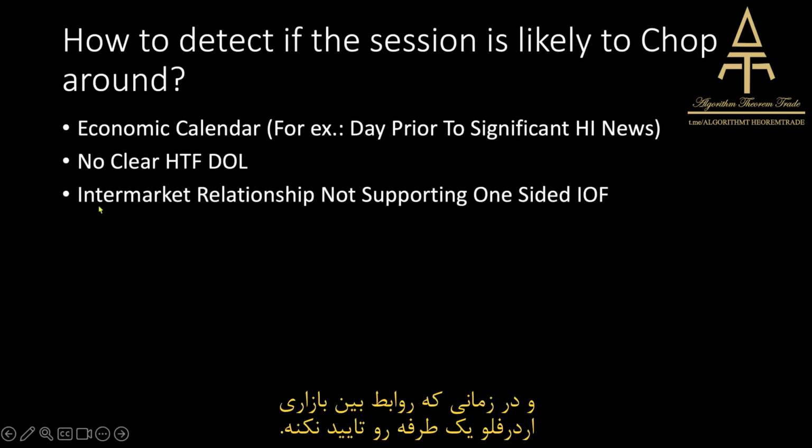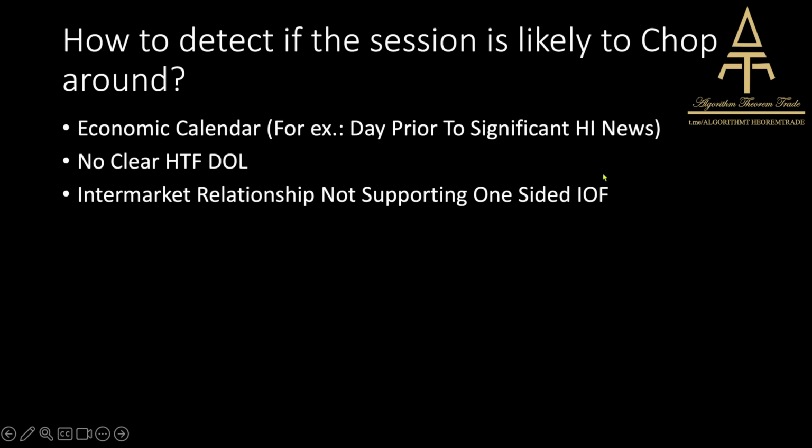Thirdly, we will take a look at intermarket relationship not supporting one-sided order flow, meaning that intermarket relationship is not showing signs of, for example, the dollar distributing lower whilst the index futures are going higher, or for example, the index futures themselves not being in sync with one another.